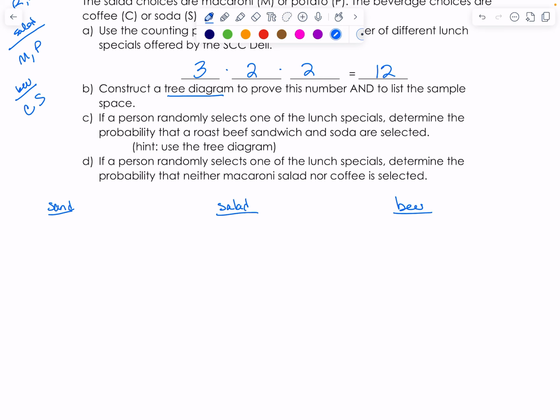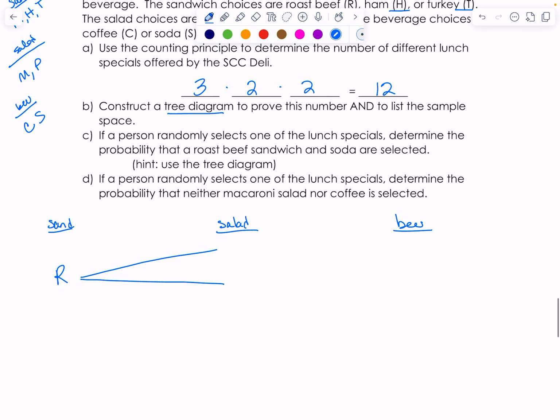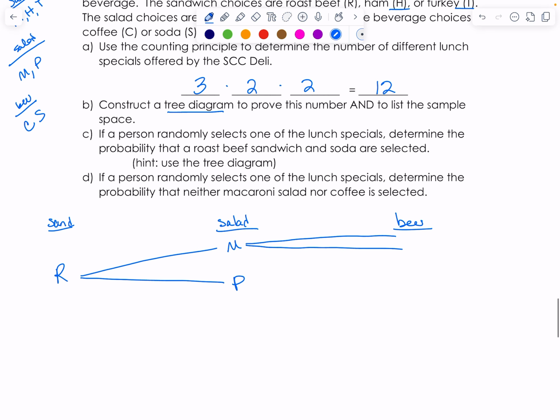Okay, so we're going to start off with what? Roast beef. And we can choose between, what did we say up here? Macaroni and potato. And then my beverages were coffee and soda. And then I could do potato salad and have coffee and soda.